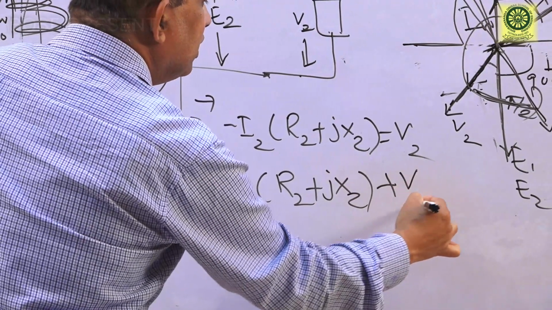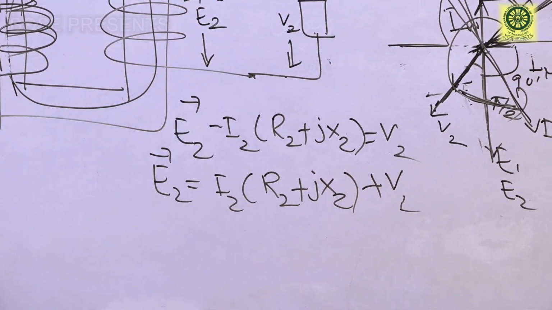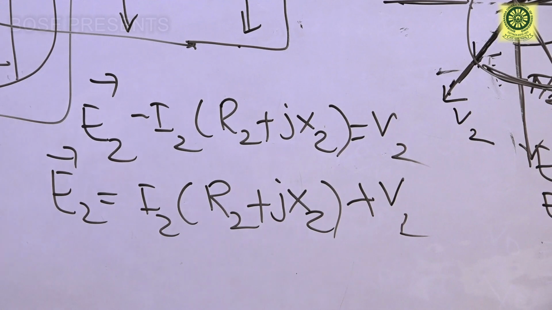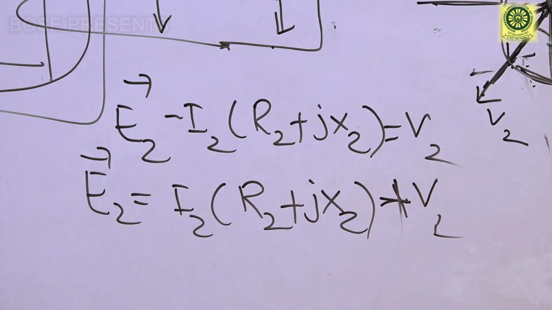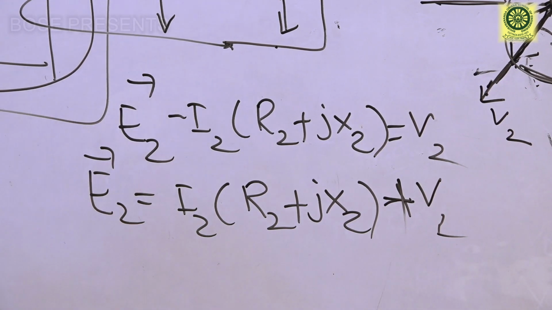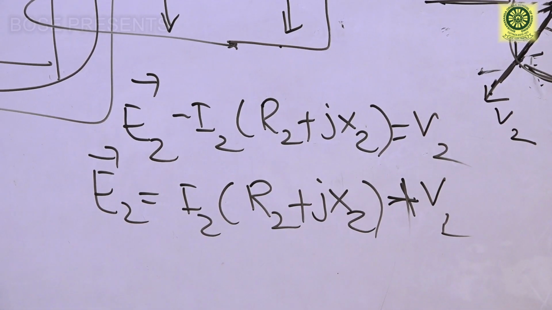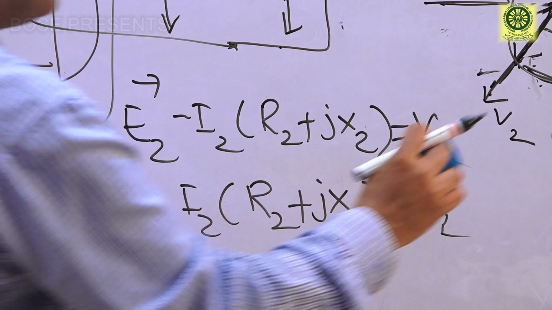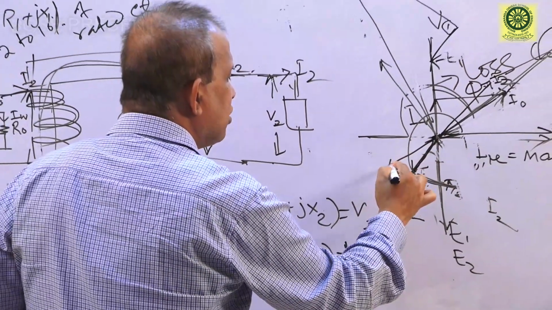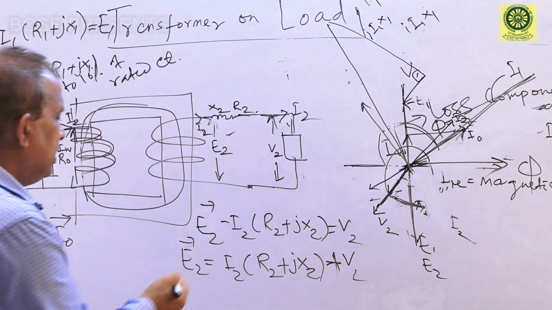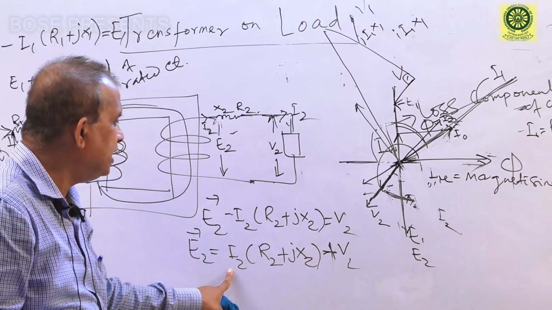So similarly in all cases we can complete the secondary side phasor diagram, but the primary side phasor diagram has been shown in the way it has been shown. And considering this case also, we can see that this is V2 plus I2.